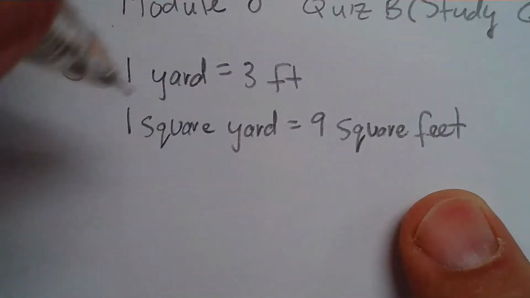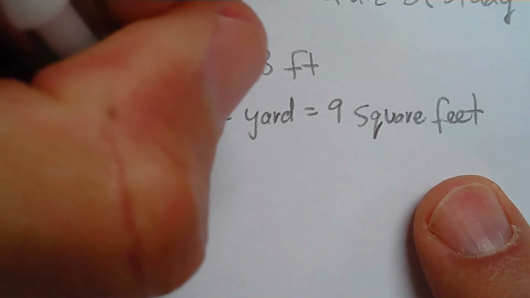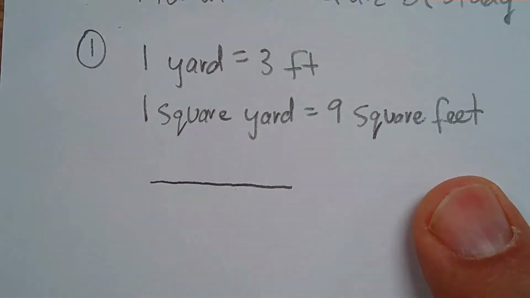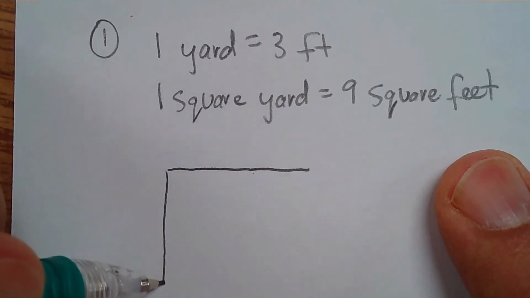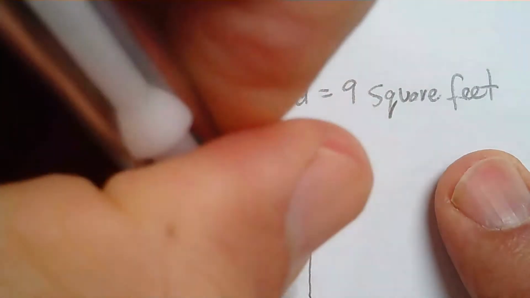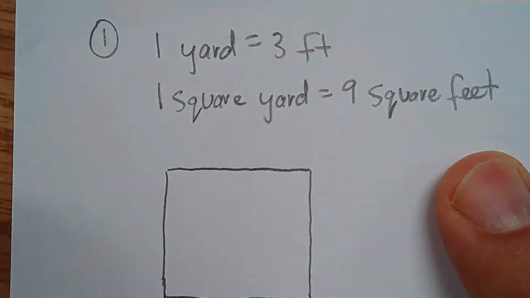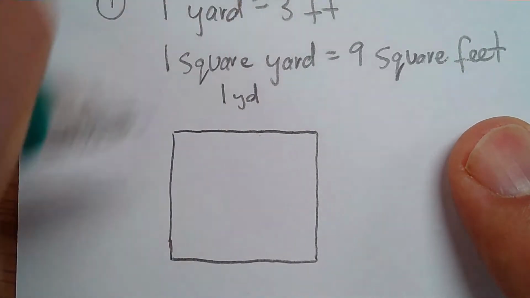Because if this represents 1 yard and I make a square out of this, 1 yard, like this, then that's a square, and this is 1 YD, 1 yard.